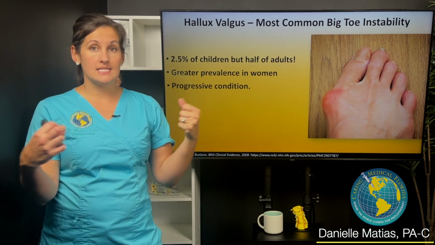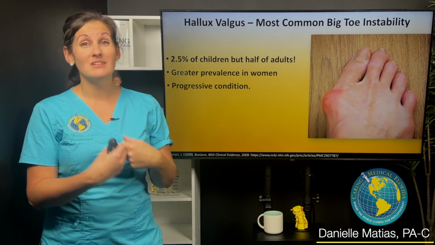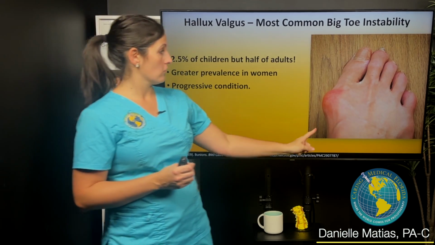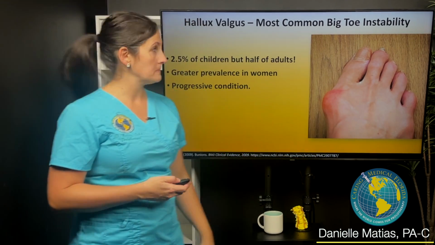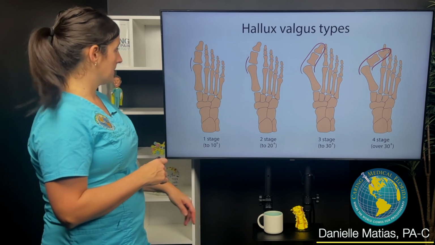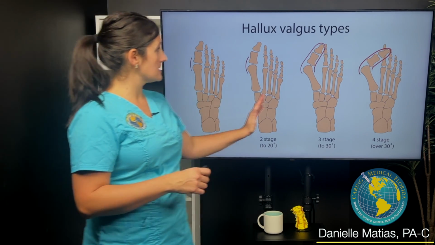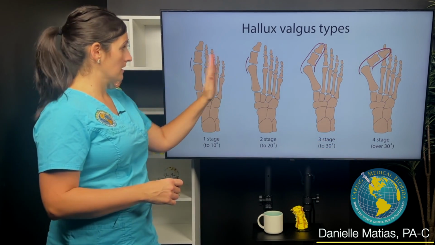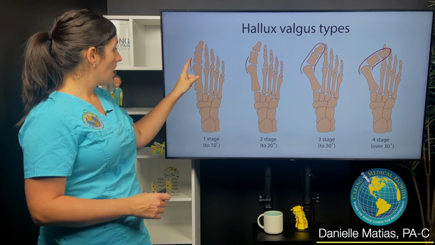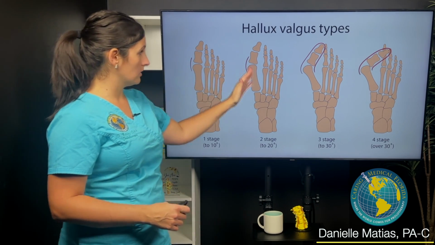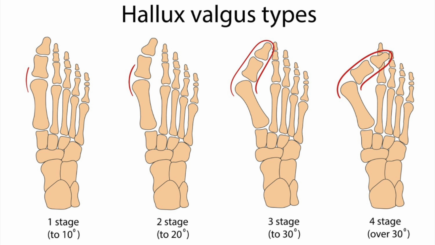Your body's trying to essentially provide whatever stability it can to that area by overgrowing bone, and that's how you end up with that. Again, just to reiterate the point that this is progressive, right? So there's several stages of this hallux valgus, meaning that that toe is turning inward. Starts off maybe kind of subtle, a little bit more pronounced, and then you get into very, very significant deformities.